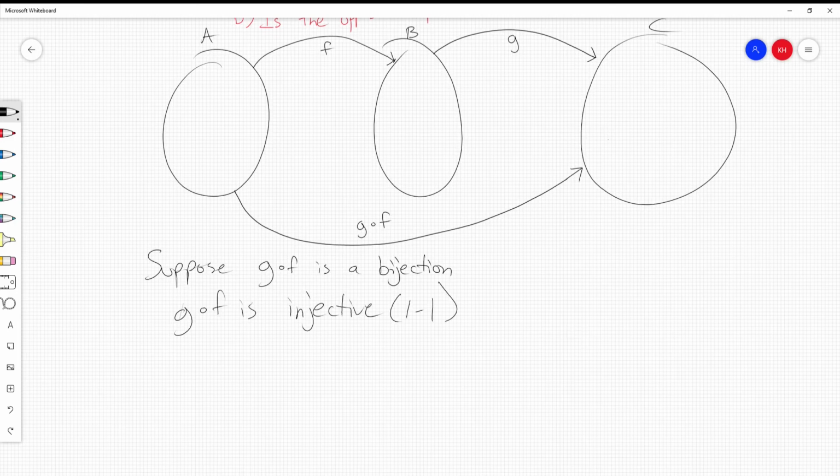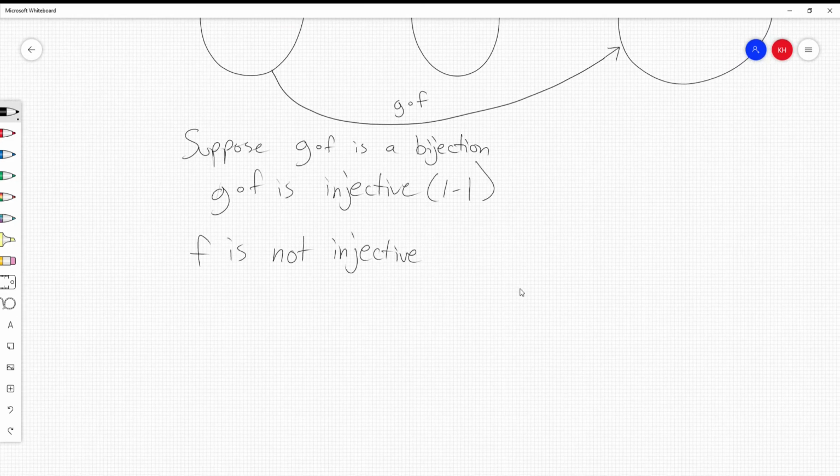All right. And so we're going to assume that f is not injective here. So we're going to do kind of a proof by contradiction here.